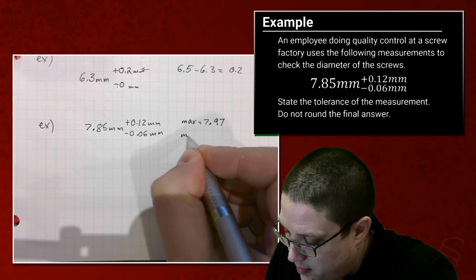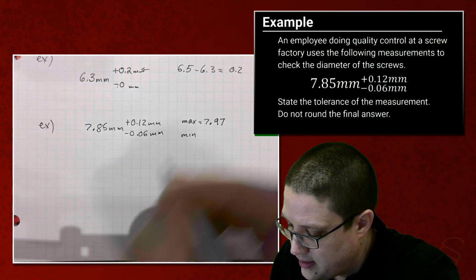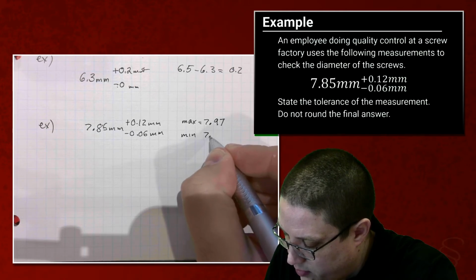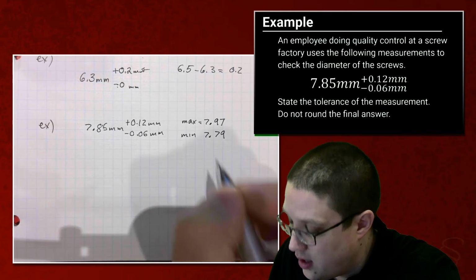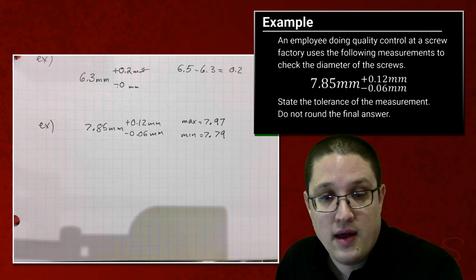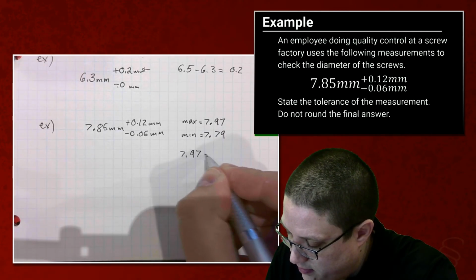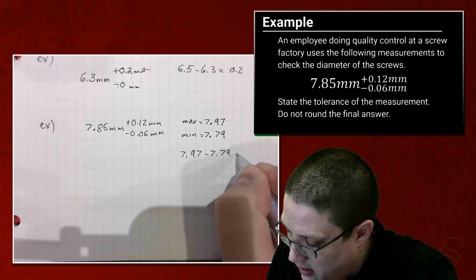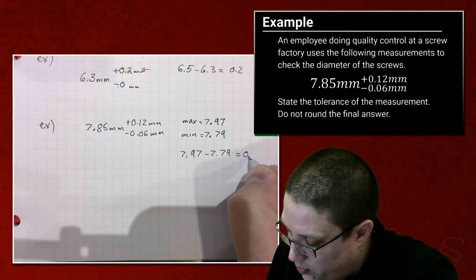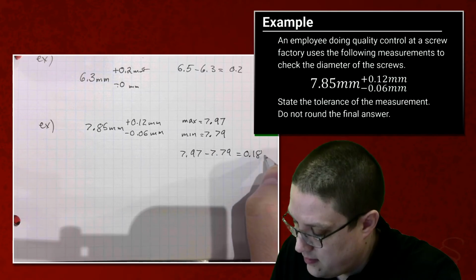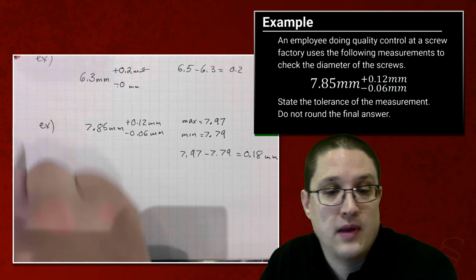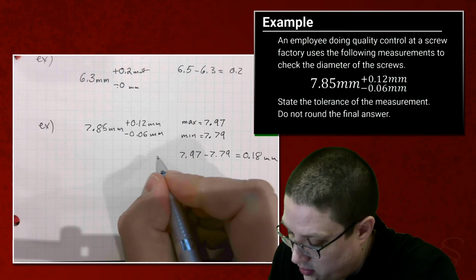And my minimum would be that minus that, so 7.79. And then I can subtract them. 7.97 minus 7.79 equals 0.18 millimeters. That always works. So there's my tolerance.